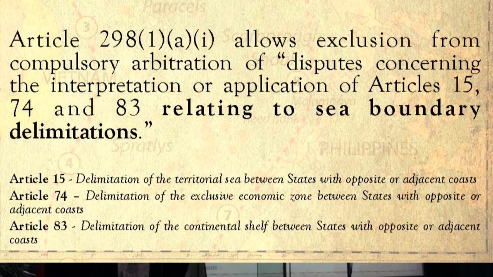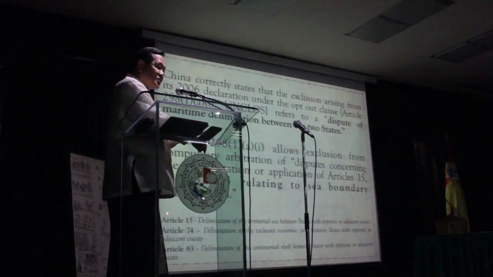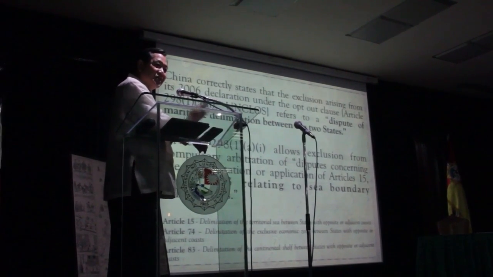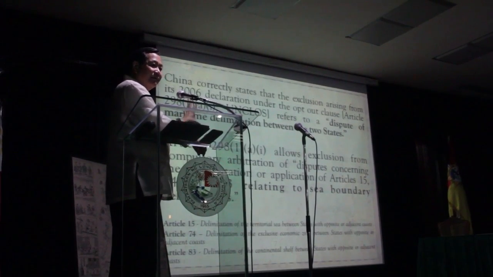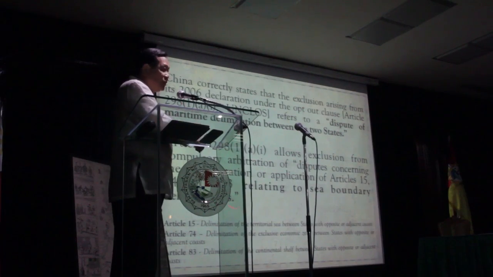Article 298 allows exclusion from compulsory arbitration of disputes concerning the interpretation or application of Articles 15, 74, and 83 relating to sea boundary delimitations. What we are saying is that China cannot invoke 298, because 298 refers to sea boundary delimitations involving overlapping territorial sea, overlapping EEZ, overlapping continental shelf. That's not the situation. That's why we're saying China cannot invoke this, because their case does not apply to these three articles.